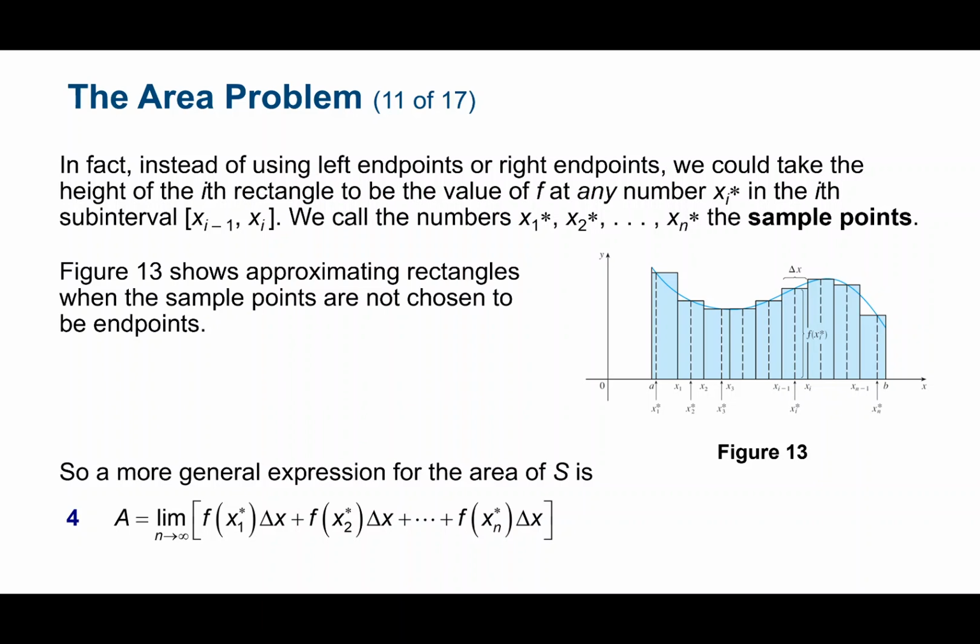And we can still come up with our area under our curve, even if we're not doing it the same way for every rectangle. So if we're just picking a generic point out of each rectangle, using that as our height, then we'll write that as x star. Just call it a sample point, and we can define the area that way. We don't even have to worry about it being on the left hand or the right hand side, just somewhere in the interval.